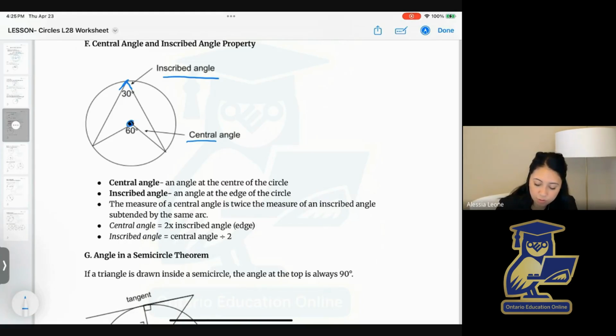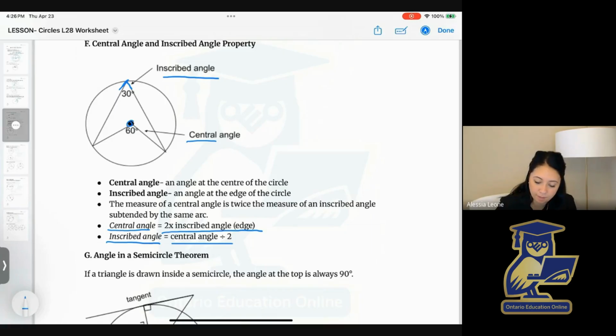So central angle equals 2 times the inscribed angle at the edge. To find this inscribed angle at the top, we just have to do the reverse function. So inscribed angle equals the central angle divided by 2.